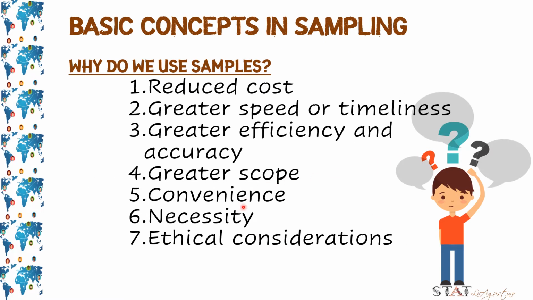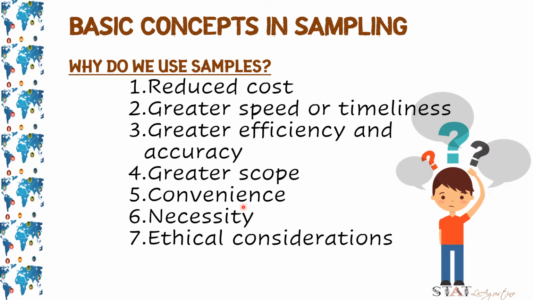So why do we use samples? Of course, to reduce costs. For example, you will print questionnaires for a population of 1,000 people. To reduce costs, you just use samples and print papers for only 500 people. So of course, you can reduce cost.